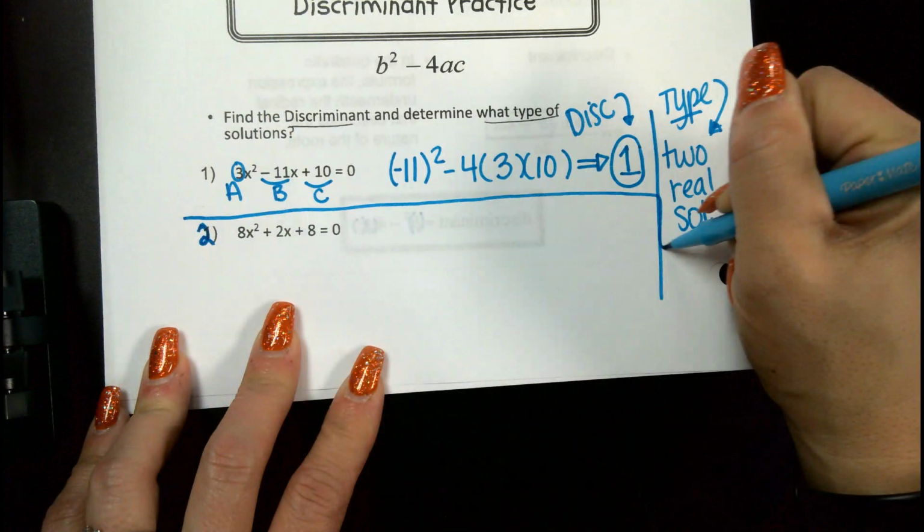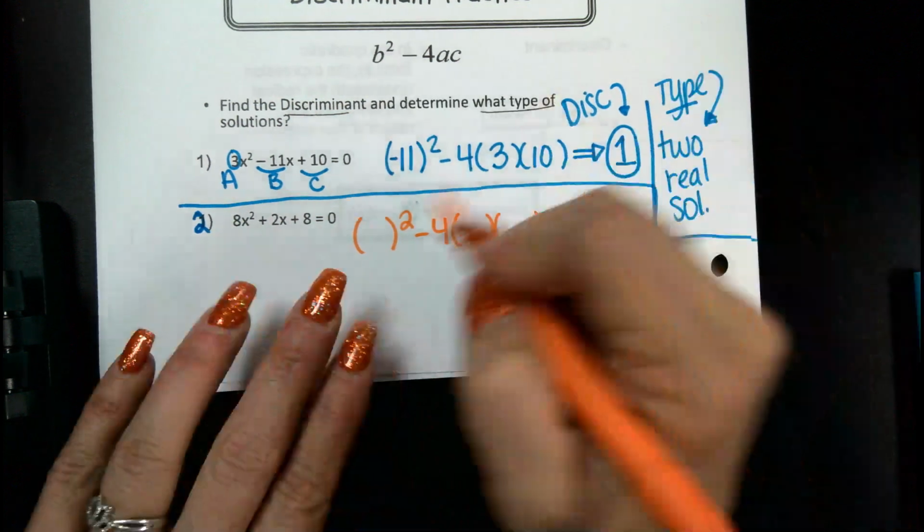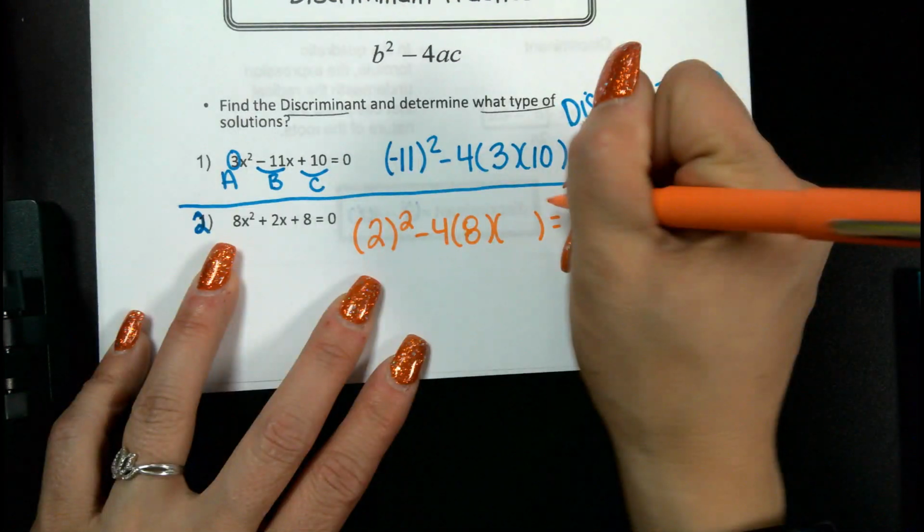Is this supposed to be number 2? I don't know. Okay, so for number 2, is it already set equal to 0? Yes. So now we can just go straight to B squared minus 4 times A times C. What is the value of B? 2?